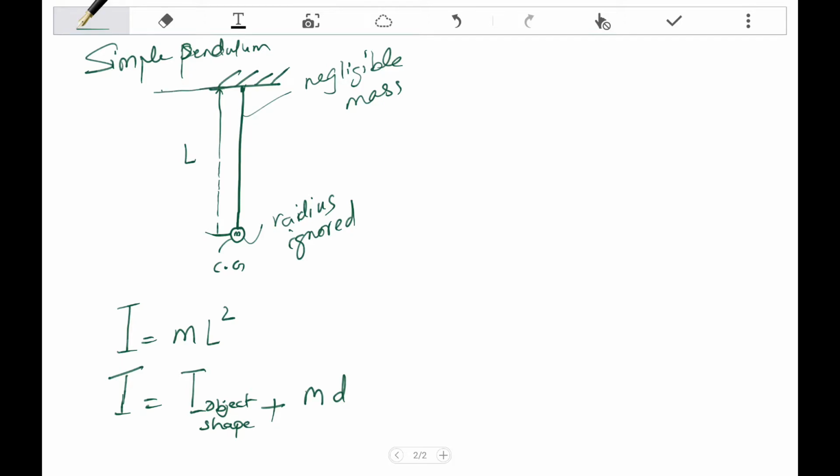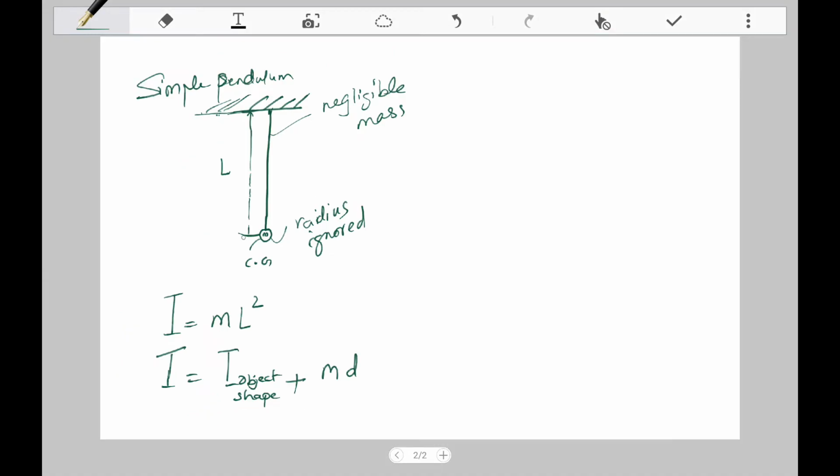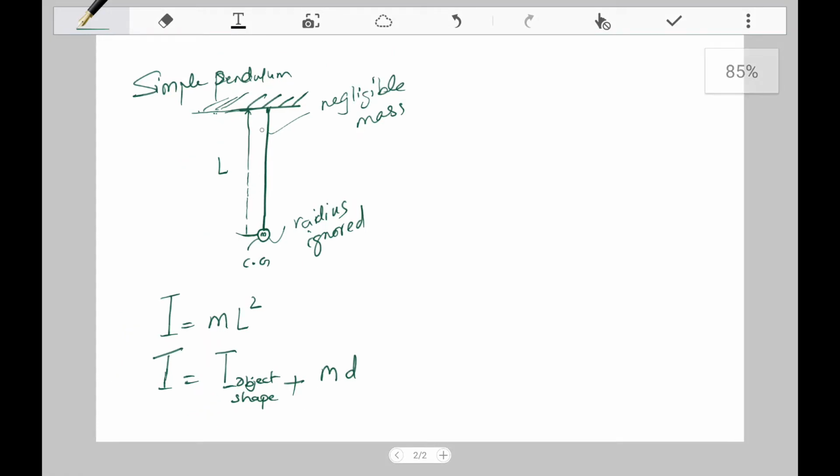You have to select an axis first, so that's your axis. The distance is from the center of gravity of the shape to the axis. We'll expand more on that in a few seconds.